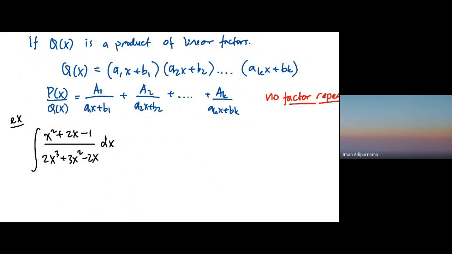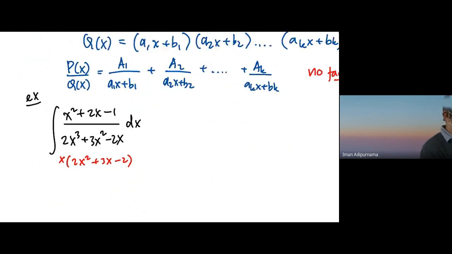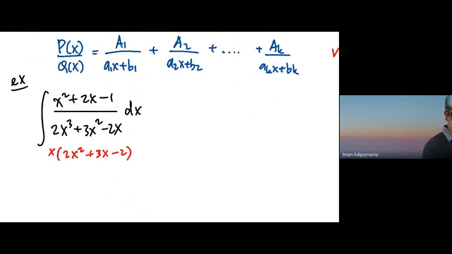So we can have x times 2x squared plus 3x minus 2. And then we can try to factorize.